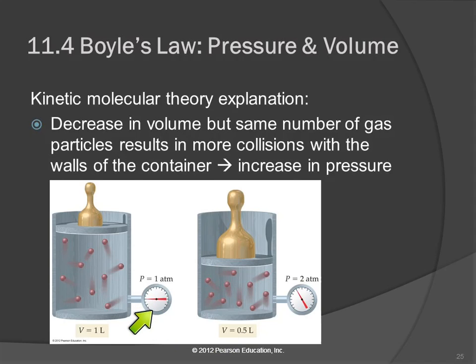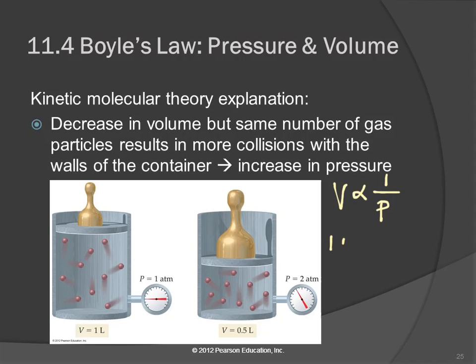And then we have a little pressure gauge over here. At 1 liter, the pressure was 1 atmosphere. At half a liter, the pressure is 2 atmospheres. So we could look at that mathematically, because Boyle's law said that the volume was proportional to 1 over the pressure.